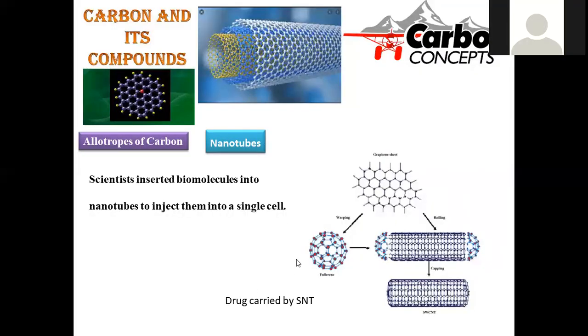Through this drug carrying capacity, we can circulate the drug materials to the target receptor site in the human organism, so they are also finding evolving applications in the medicinal field, especially the drug carrying tendency, being all hollow in nature. Apart from this, many other applications are also available for these nanomaterials.